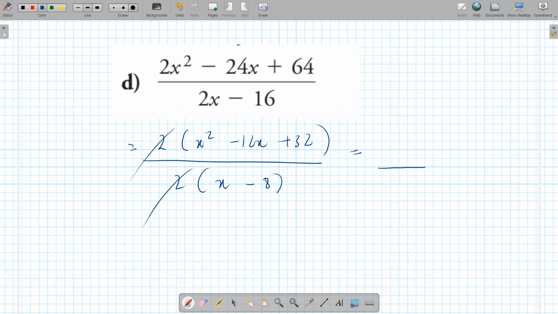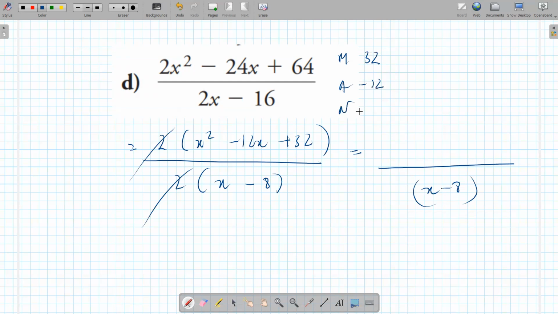Look at the numerator there. It adds up to negative 12. It multiplies to positive 32. What are the two numbers? So it multiplies to positive 32, adds to negative 12.